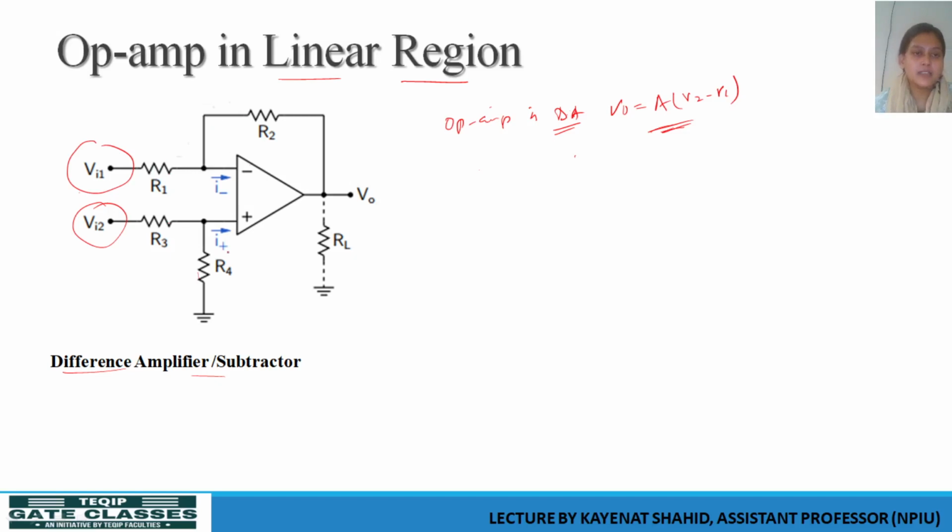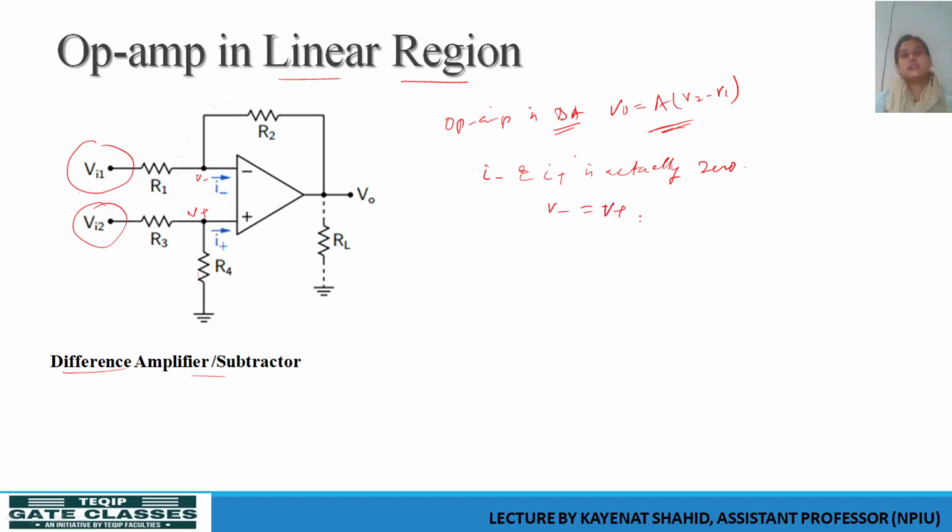This I minus and I plus are actually 0, due to the very high input impedance. And the nodes V minus and V plus will be equal, V minus equal to V plus.